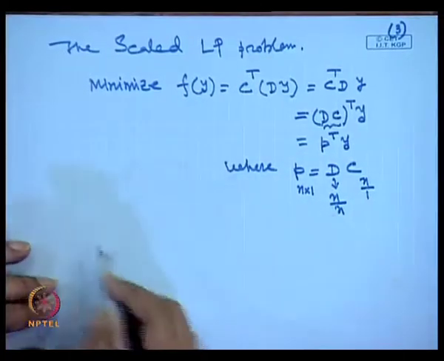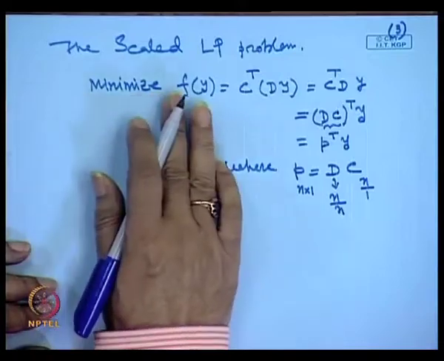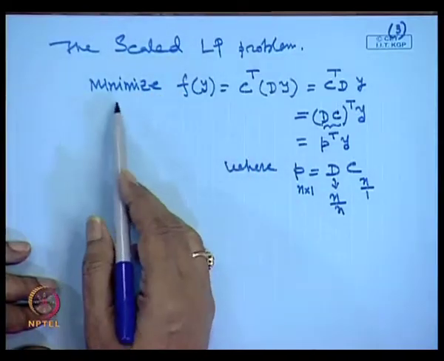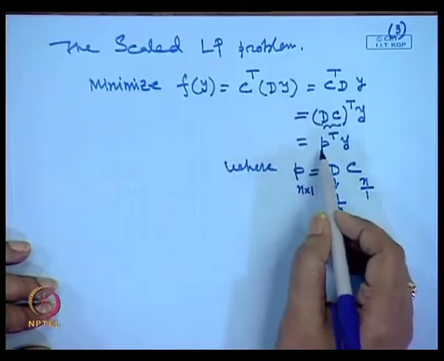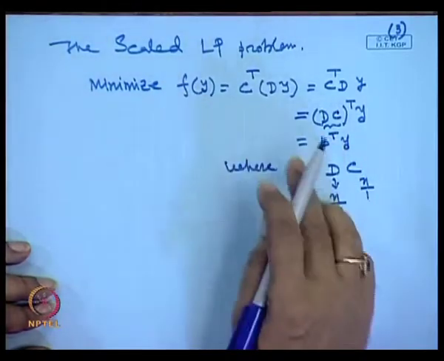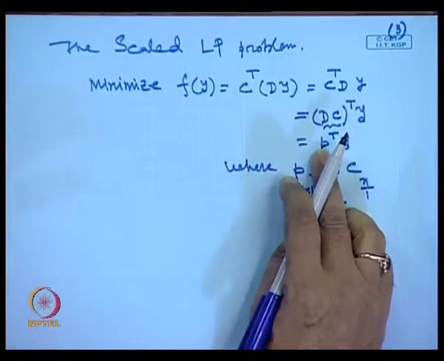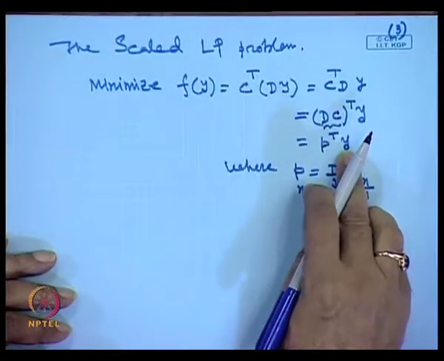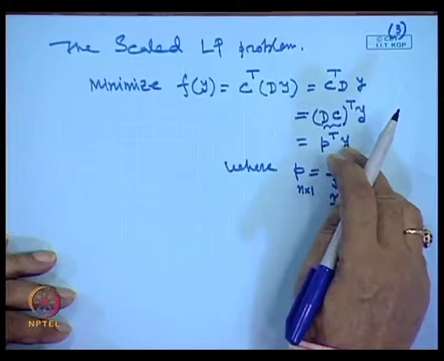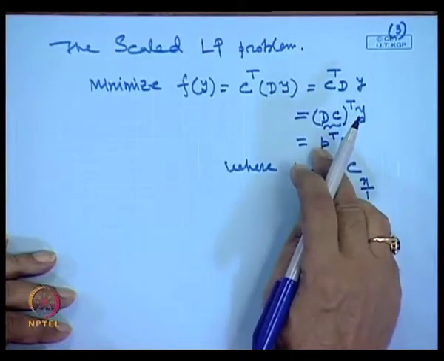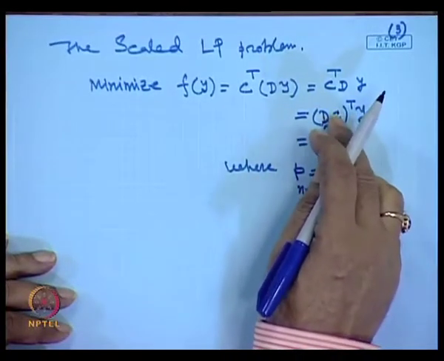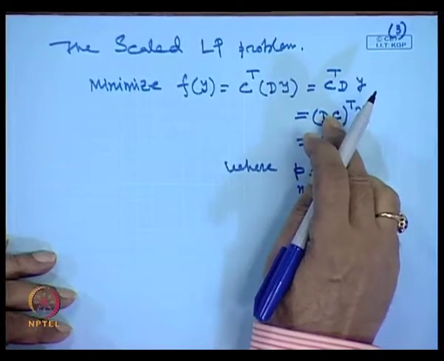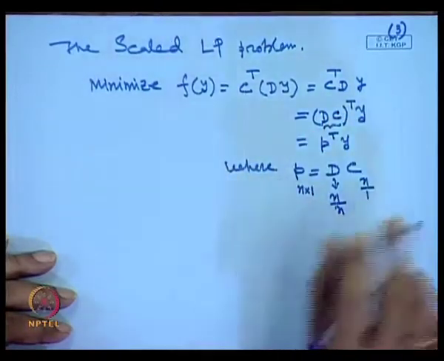Okay. So, this is now the transformed coordinate system. Our objective function, equivalently for the original system, in the transformed domain is P transpose y. Y is the transformed coordinates and P is what? D into C. That means, the scaling matrix multiplied by C, the coefficient vector of the objective function.